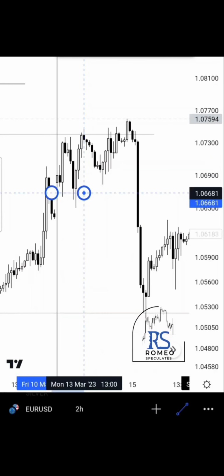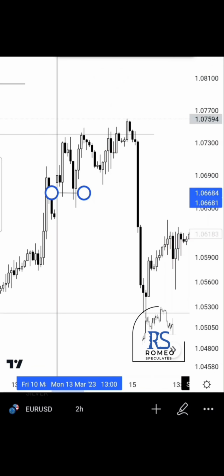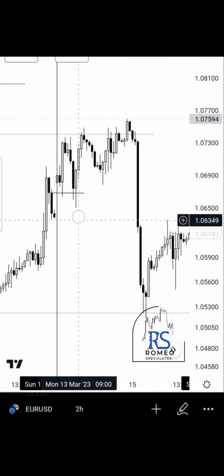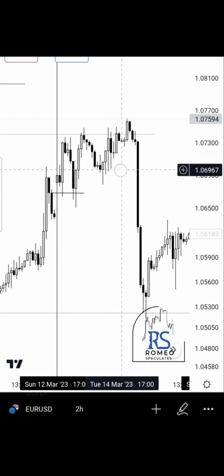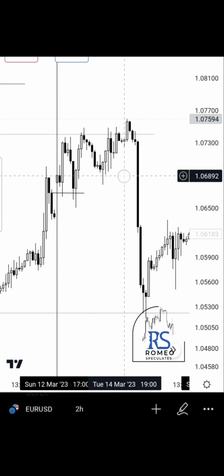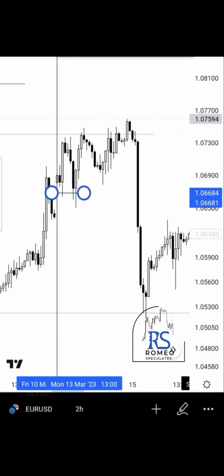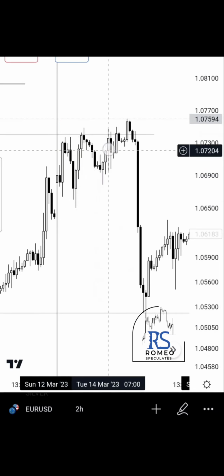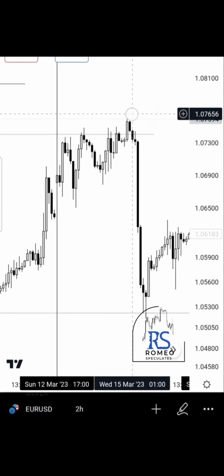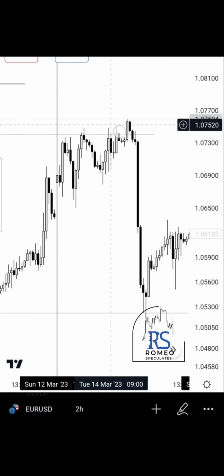They're not that common, or at least I don't use them that much. So vacuum block, turtle soup, consolidation, and then on Tuesday during the Asian session, we had a manipulation. We had a move to the upside. So consolidation, accumulation, manipulation on Tuesday during the Asian session.